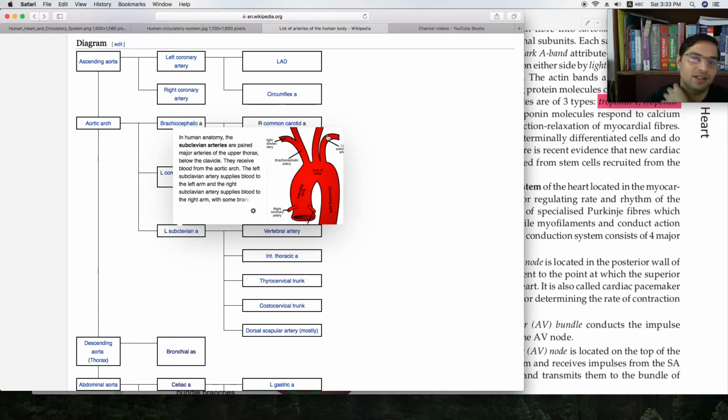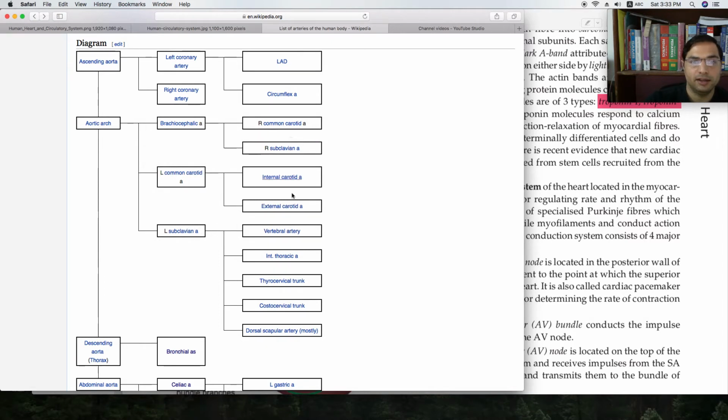So the head region receives blood through carotid arteries, both right carotid artery and the left carotid artery, right common carotid artery, see, and left common carotid artery. Right common carotid artery again divides into external and internal, whereas left common carotid artery is also dividing into internal and external, right?